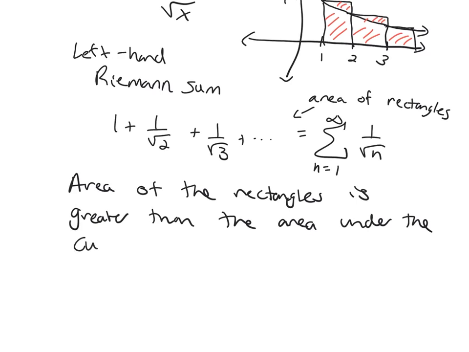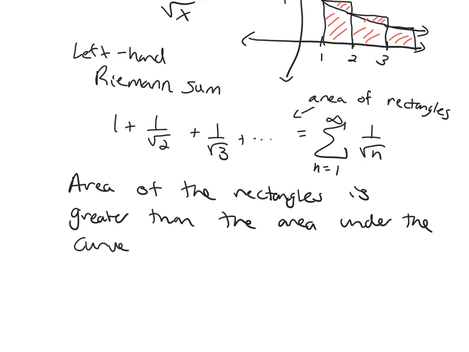So are you choosing whether to do left hand or right hand based on the graph? It's really based on our initial decision if it converges or diverges. Our initial feeling. So left hand if it diverges. Well, in the last example you wanted an upper bound on the area of the rectangles. That's why you made the rectangles go underneath the curve. And then here, because I think it diverges, I want to have a lower bound.